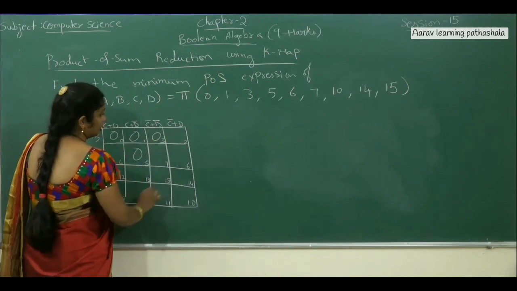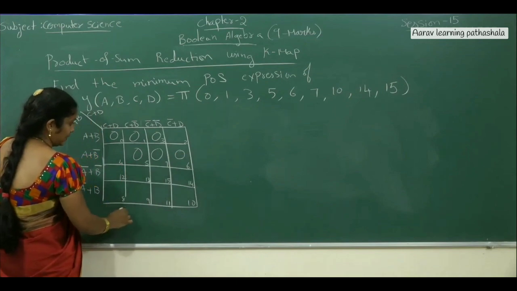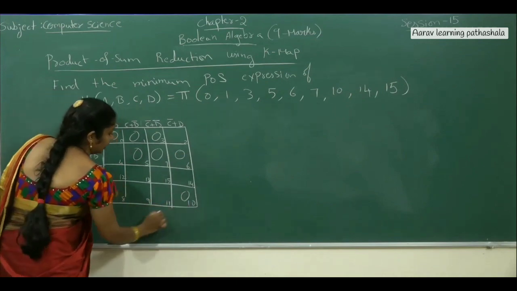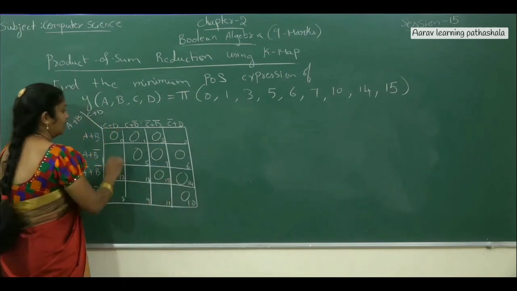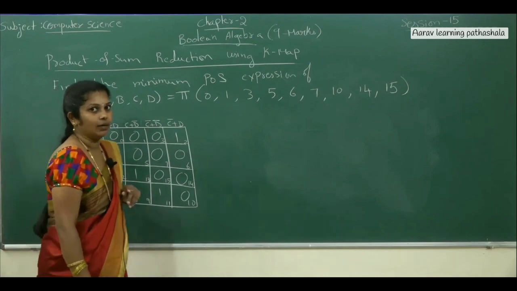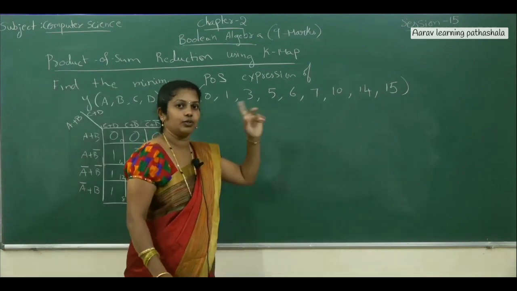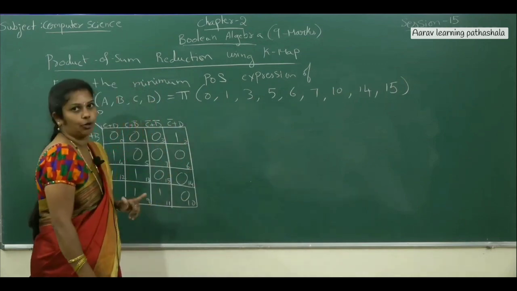For 5, it will be 0. For 6 also 0. 7. Next for 10. For 10. Next for 14. Next for 15. For the remaining cells, write 1. Whereas in min term, wherever they give the values, there you write 1. Whereas in max term, wherever they give the value, there you have to put 0.